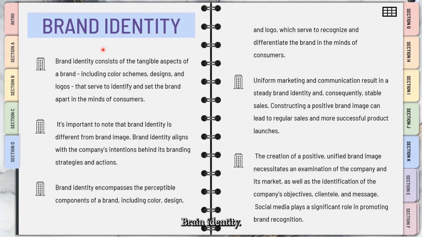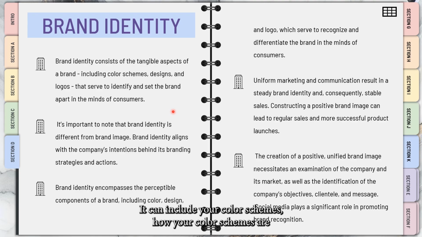Brand identity. We briefly talked about brand identity in Module 1, and we talked about how your brand identity sets you apart from other brands and makes your brand more identifiable to your customers.